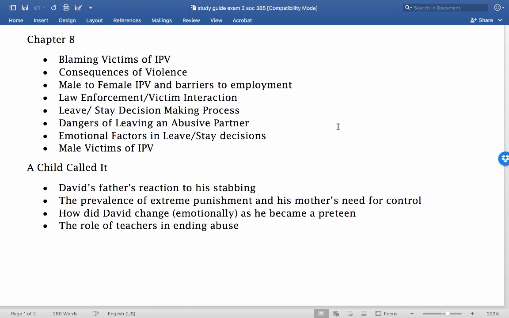So, part of the problem too is that when we assume a victim can just leave, we almost engage in a victim-blaming logic, because we don't understand that there are a lot of barriers between people being able to leave and, when they make those decisions, being able to commit to them, right?